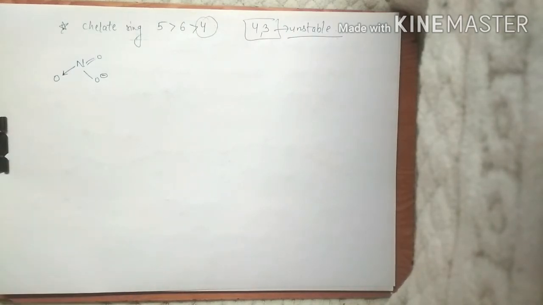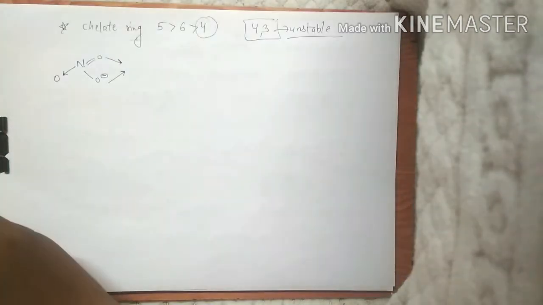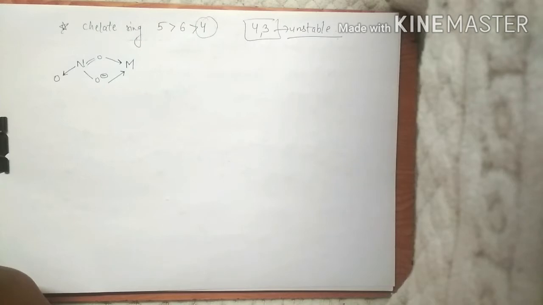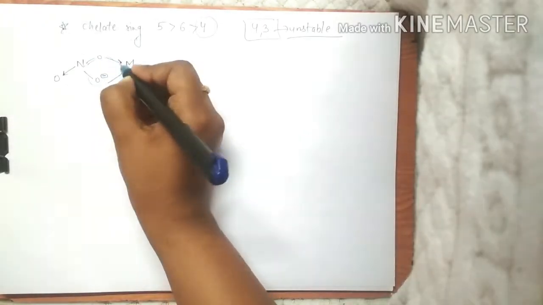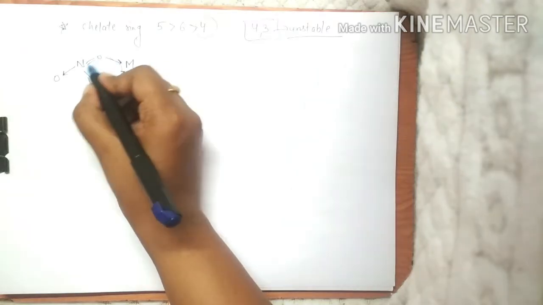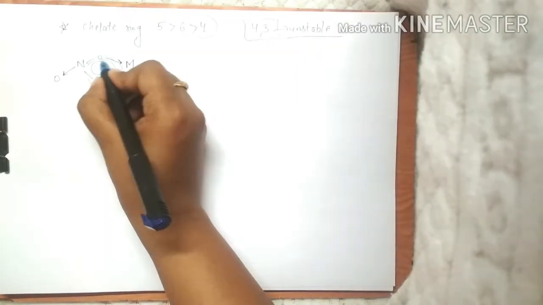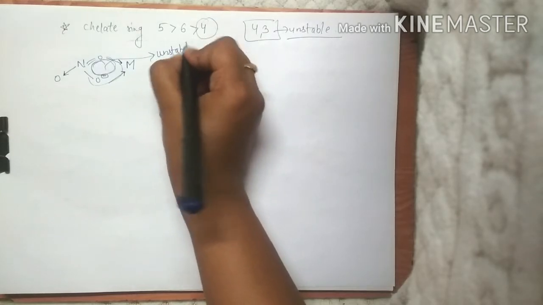Now this ligand can act as a bidentate ligand if it attaches with the metal like this. But the problem is that after it makes this type of ring structure, a 4-membered ring is formed, and we know that this 4-membered ring is an unstable ring, right?